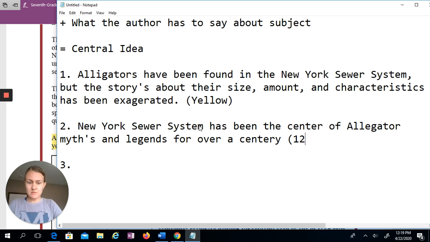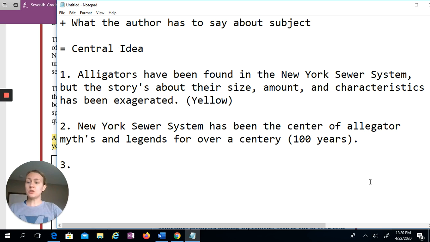If you don't know what century means, that means 100 years, okay? And we don't need to capitalize this alligator because it's not the name of a specific alligator. So the New York sewer system, our subject, and this is what the author has to say about it, has been the center of alligator myths and legends for over a century or 100 years, okay?